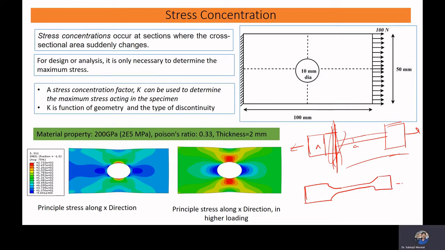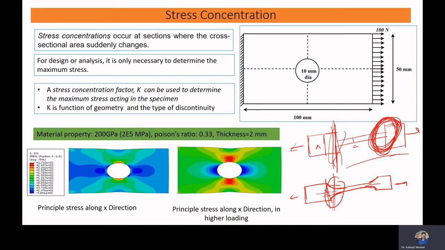We fillet it, or you can say we make the change in cross section in a smooth manner, so that stress flow will be uniform in this zone. We minimize the stress concentration that was occurring here, and we can avoid sudden failure in this zone.